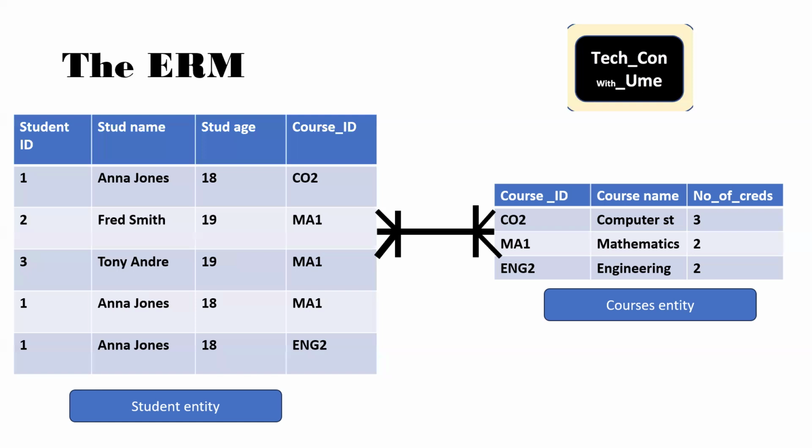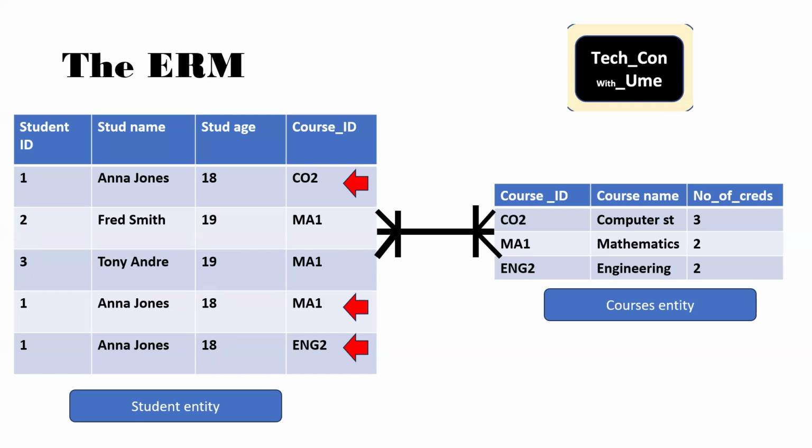So here you will note that Anna Jones is taking all 3 courses that are present in the course table. As such, we will use multiple rows to store information about Anna Jones.